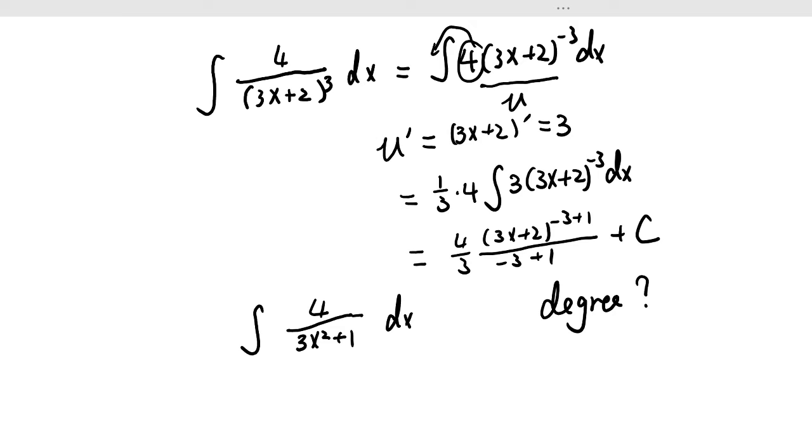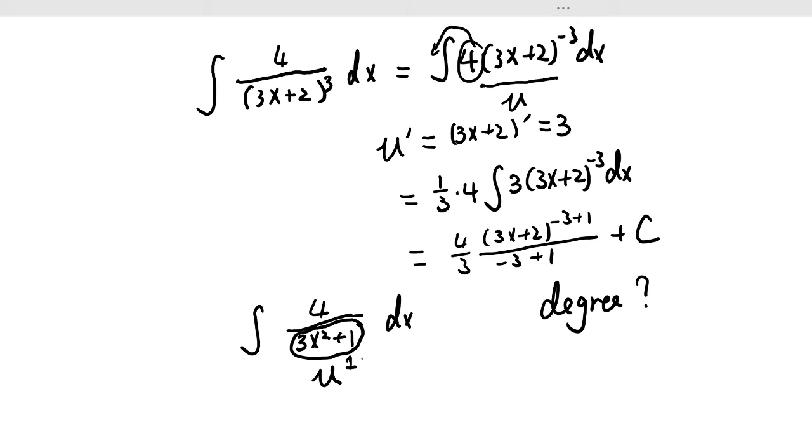So we look at this one as a fraction. The degree we are talking about right here is for the whole denominator. We're going to consider my denominator right here as a u, a function. What is the power for this whole denominator right here? It is 1.